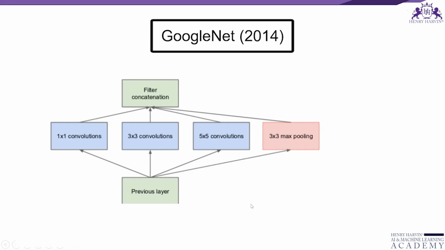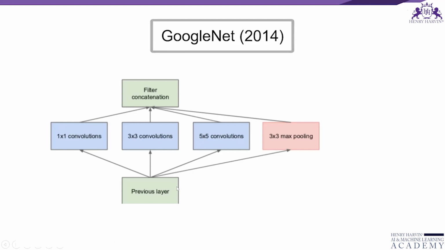So to make our networks computationally inexpensive, the authors applied dimensionality reduction by adding 1 cross 1 convolutions before 3 cross 3 and 5 cross 5. When we use 5 cross 5, we may require large resources in terms of computation. That's the reason 1 cross 1 convolution is being added before the 3 cross 3 and 5 cross 5.